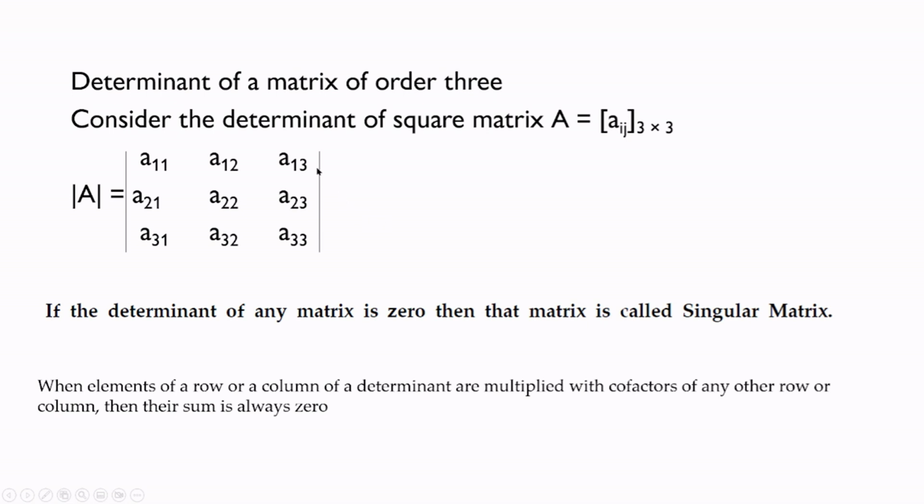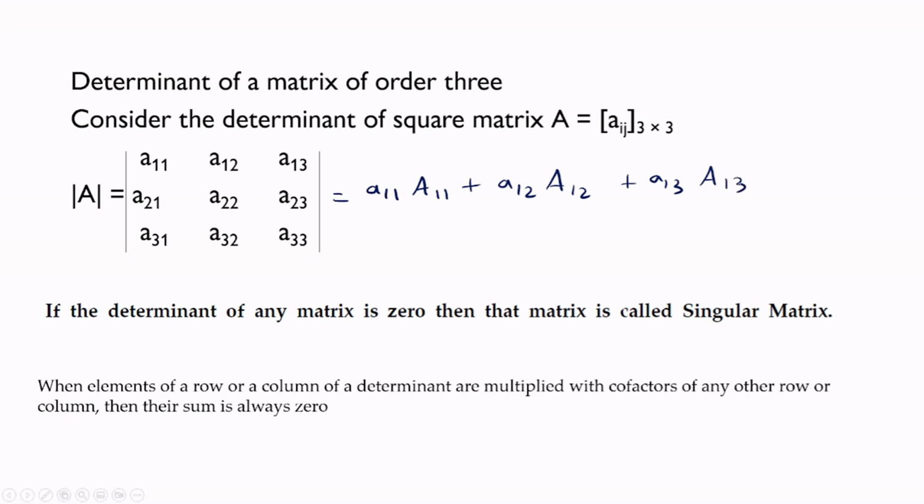And next we can find the determinant of a matrix of order 3 using the cofactors. So if you want to find the determinant of a square matrix of order 3, given by this determinant, we can find it as A11 into the cofactor of this element, which is given by capital A11, plus A12 into the cofactor of A12, plus A13 into the cofactor of A13.